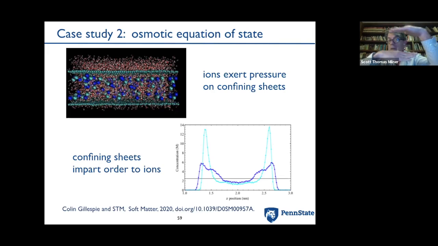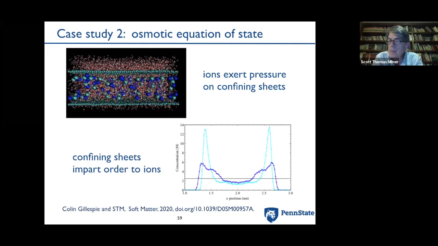And if you then constrain the membranes using these pulling forces, trying to hold them at a certain spot, then you can measure the force required to hold them at that given spot. And that force will fluctuate wildly in time as more or fewer ions make force on those membranes. But if you time average those forces, you can measure the net, the average force outward on each of the membranes, and therefore determine the osmotic pressure of the solution inside.